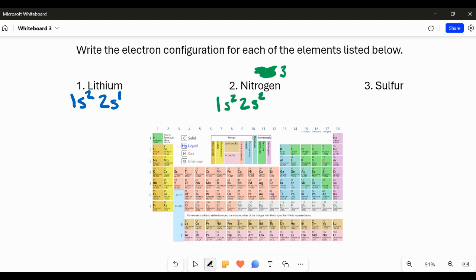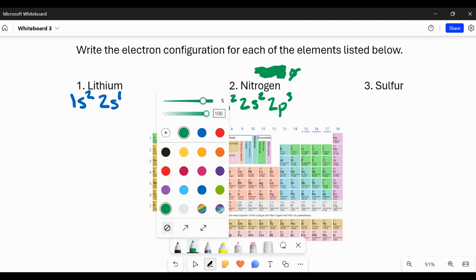So what comes next is 2p. And p orbitals can hold 1, 2, 3, 4, 5, 6 electrons. But there's only 3 left. So we're going to put a 3 right here. Now, with those 3 electrons being placed, we have 0 electrons left. So the correct electron configuration for nitrogen is 1s2, 2s2, 2p3.